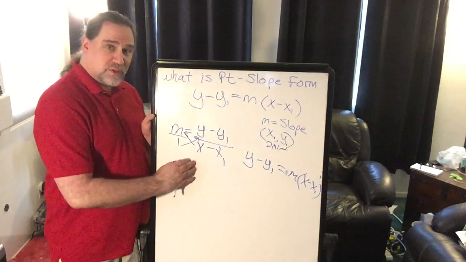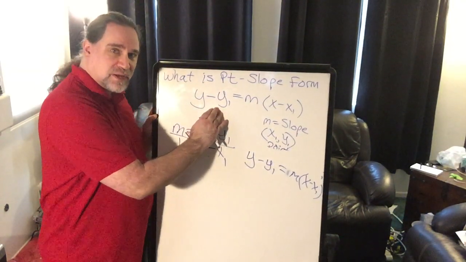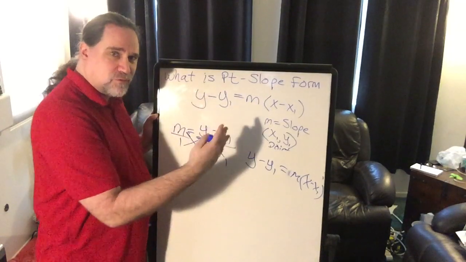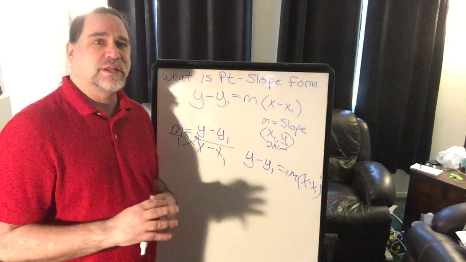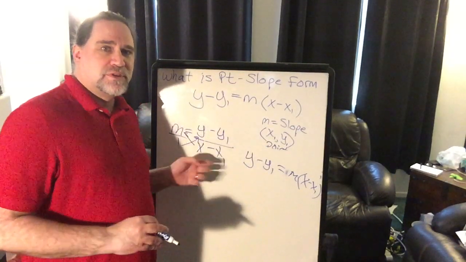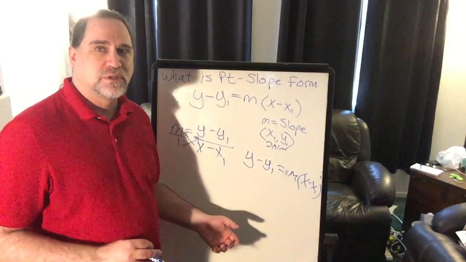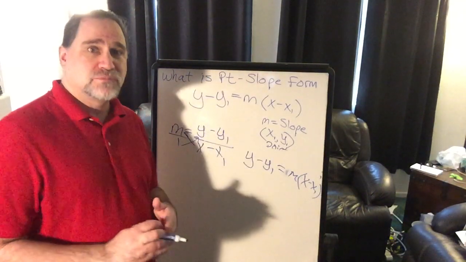So this formula for finding slope and this equation for writing a linear equation in point-slope form are really very interconnected. This one is, hey, if I have 2 points, I'm going to find the slope. This is, hey, if I have one of those points and the slope, I'm going to be able to write the equation. Okay, so that's a big deal.